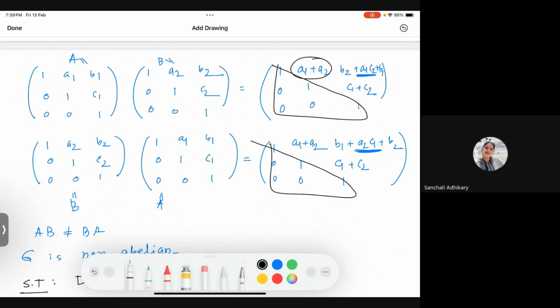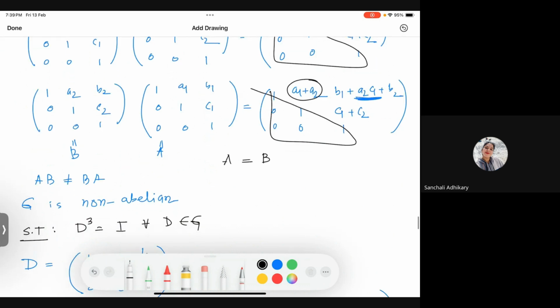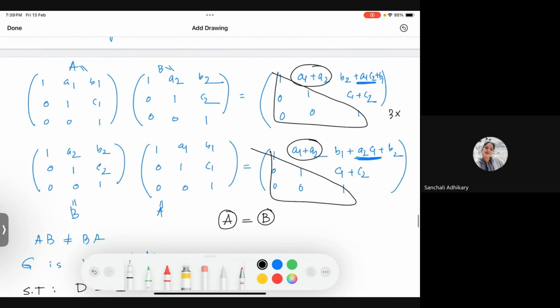This is also equal. When two matrices are equal, what is the definition? If I am saying A is equal to B, then first we need to check the order of A and the order of B. First we need to show the orders of A and B are the same. Here the order is 3 by 3, and here the order is 3 by 3.